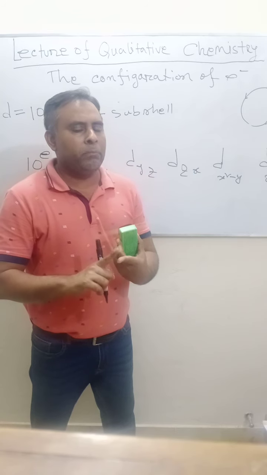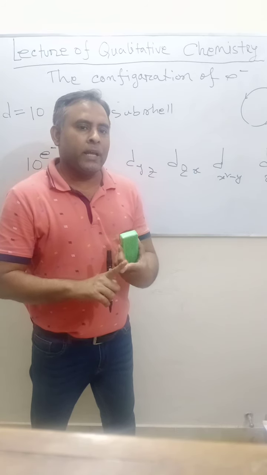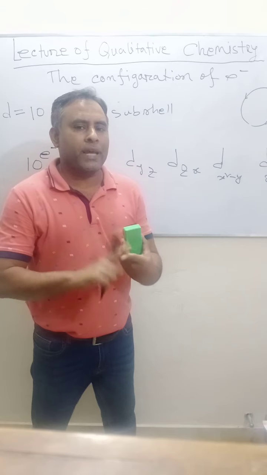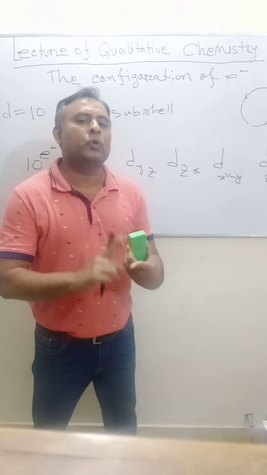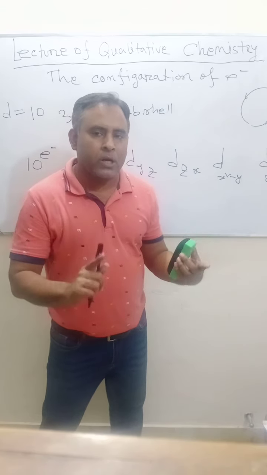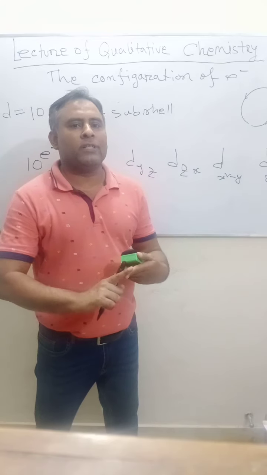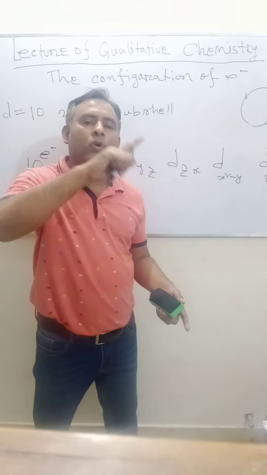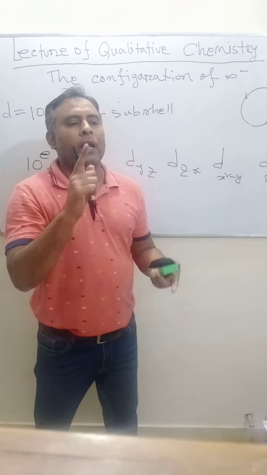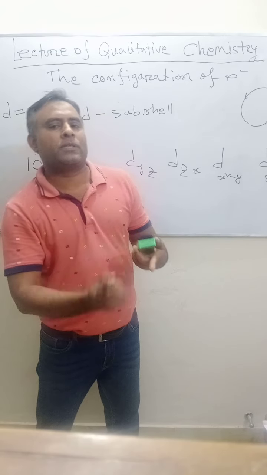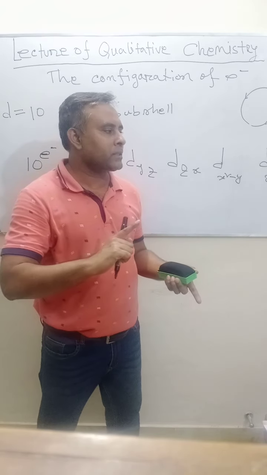One of the very important things is that every orbital can be occupied by a maximum of 2 electrons, because one electron spins clockwise and another electron spins anti-clockwise.